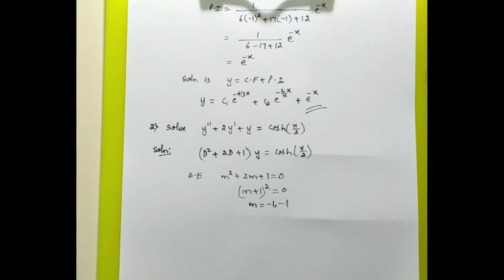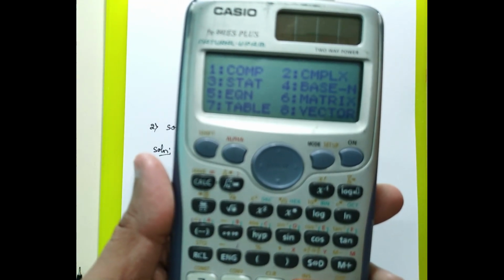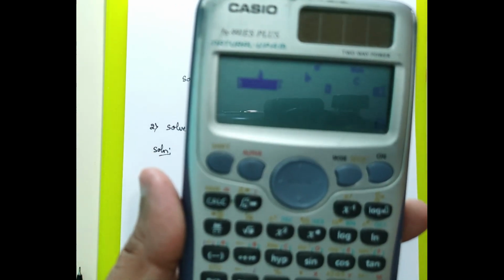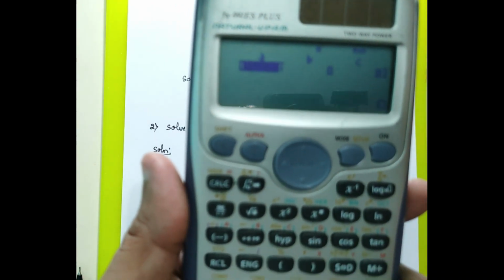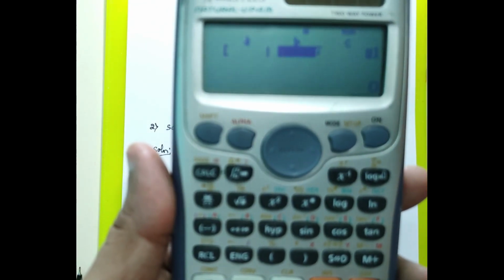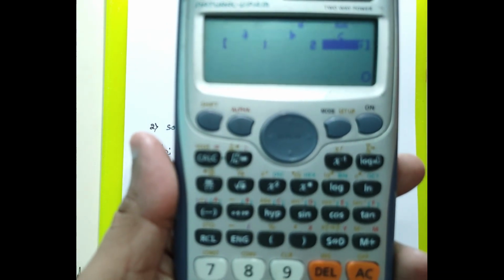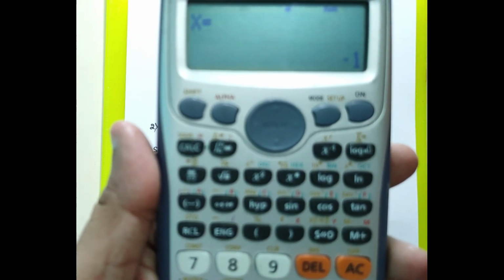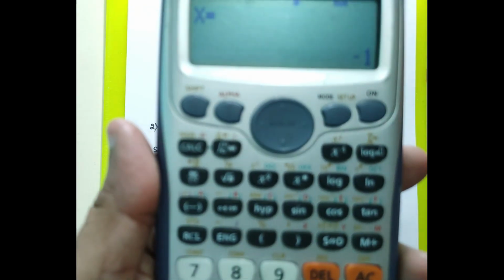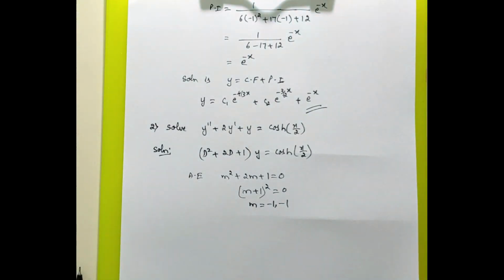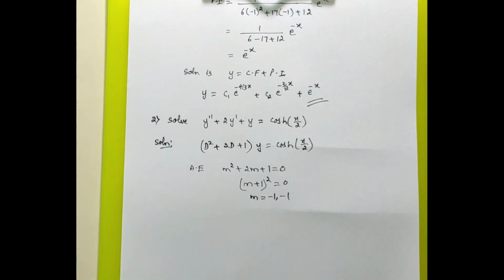Or if you want to use your calculator, you can choose mode 5 for equation, then option number 3, then the coefficient of m² will be 1, the coefficient of m will be 2, the constant term will be 1. Just see the roots: the first root is -1, whereas the second root is not shown, which means that -1 is being repeated twice. So those are the roots I have written over here.